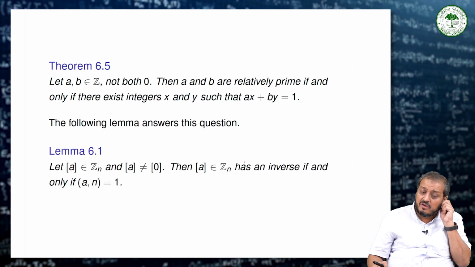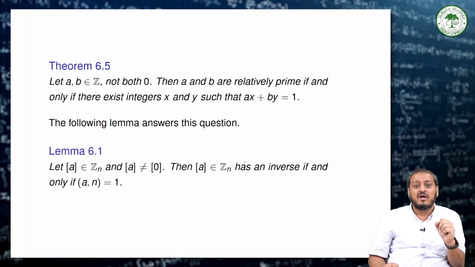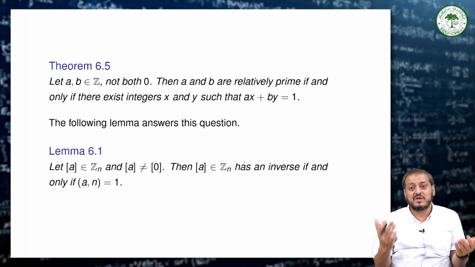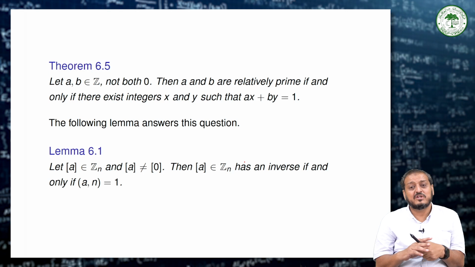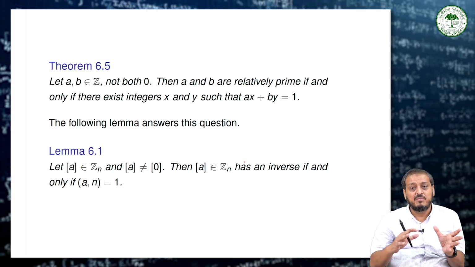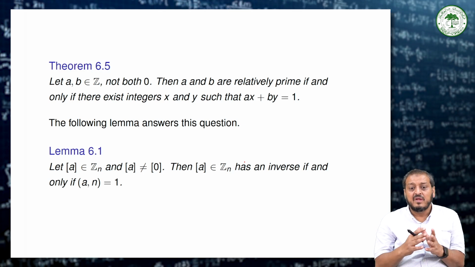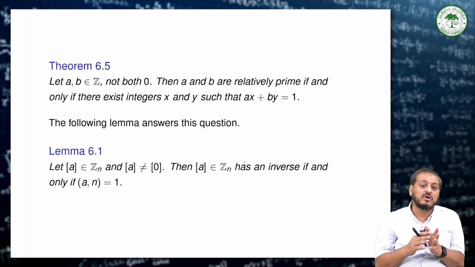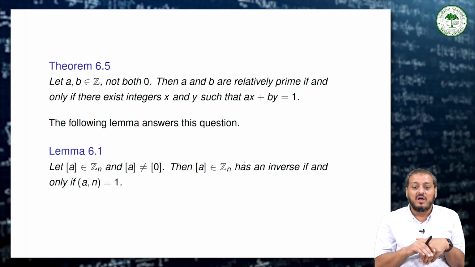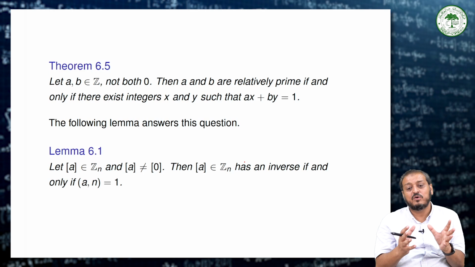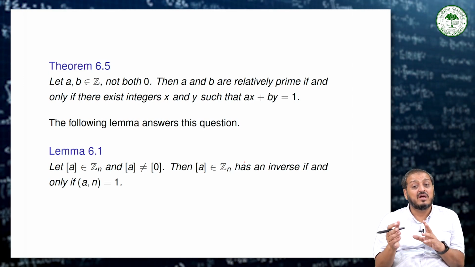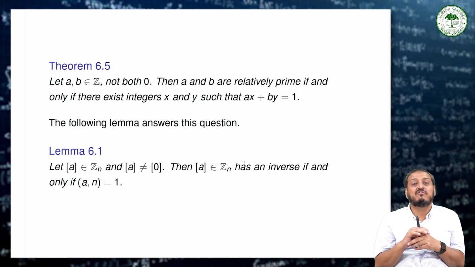So we have the following lemma, giving the answer to our question of when the multiplicative inverse under multiplication modulo n exists or not. Let the equivalence class of a be an element of Zn, not equal to 0. So our restriction is that a is not equal to 0, and we say that a in Zn has an inverse if and only if a and n are relatively prime.